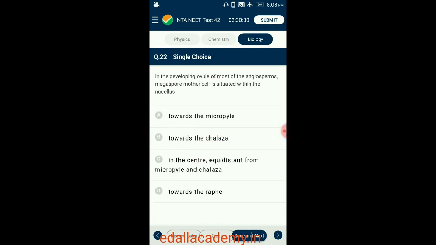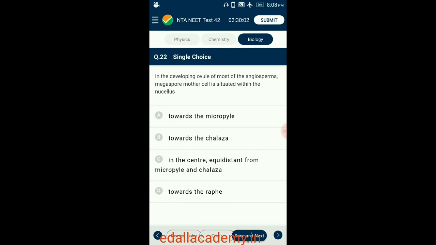Question number 22. In the developing ovule of most of the angiosperms, the megaspore mother cell is situated within the nucellus. A cell of the nucellus towards the micropylar end enlarges and derives nutrition from other nucellar cells. This is called a megaspore mother cell.